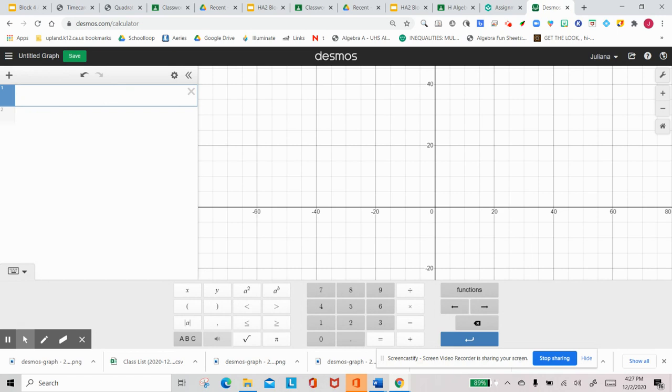So I'm going to go ahead because I want to compare them. I want to see how much longer the soccer ball is going to take to land on the moon versus Earth. I'm going to go ahead and plug in the formula. So H equals -1/2 times 1.6 T squared plus 16.5 T plus 1.